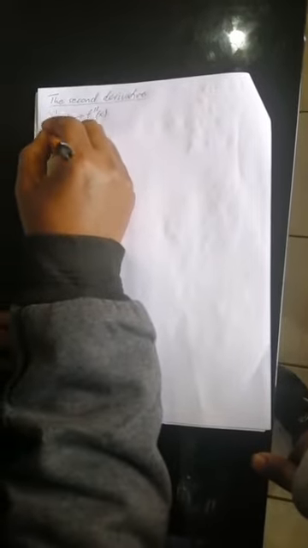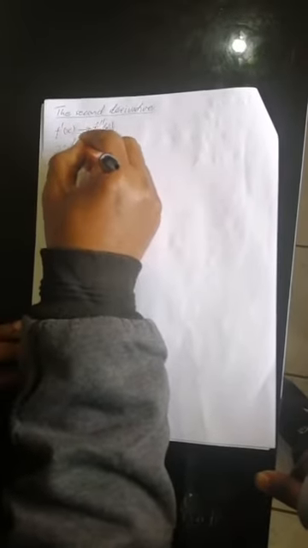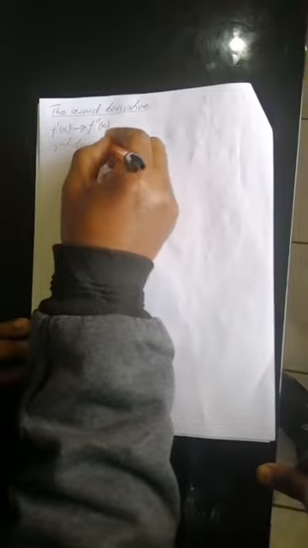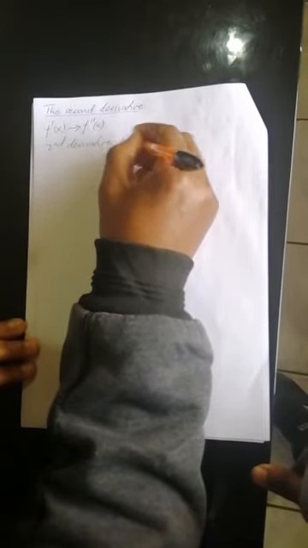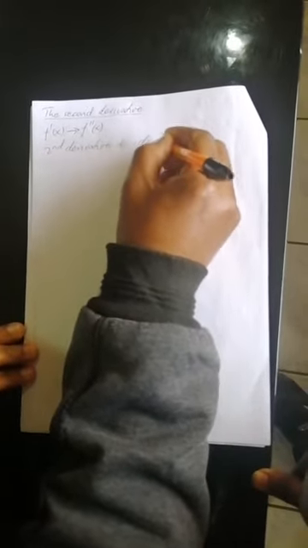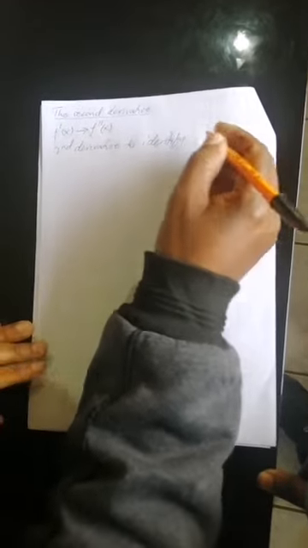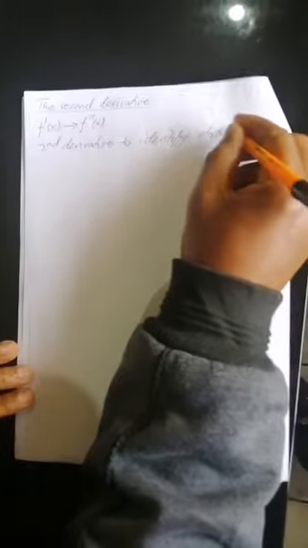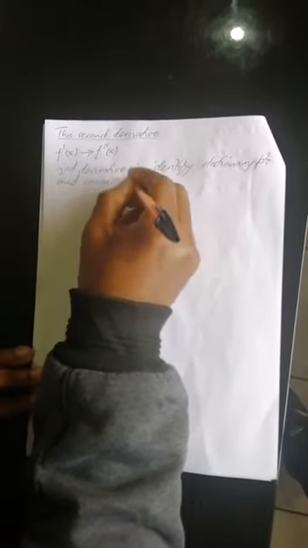So we can use the second derivative to identify stationary points and concavity of any graph without sketching it.